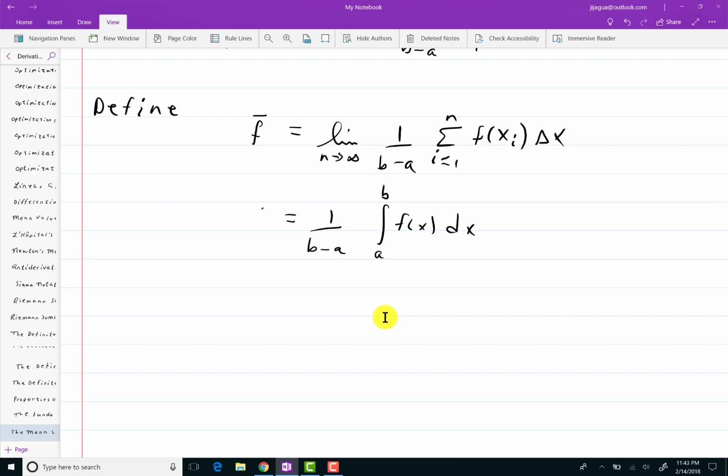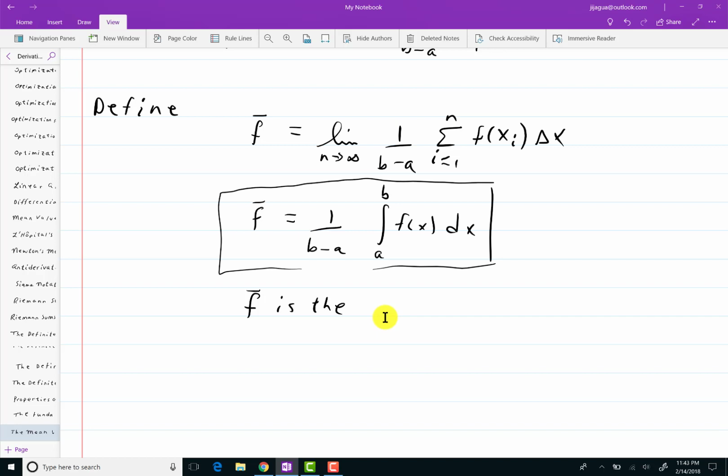So I'll put an f bar over there. This guy right here, f bar, is the average value of f on the closed interval [a, b].